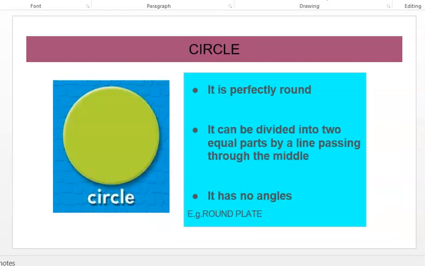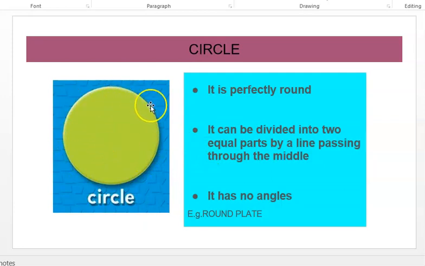Another example of a 2D shape is the circle. A circle is formed by a curvy line that goes all the way around. It is a perfectly round shape, and with a line going right across the middle, it can be shared into two parts.